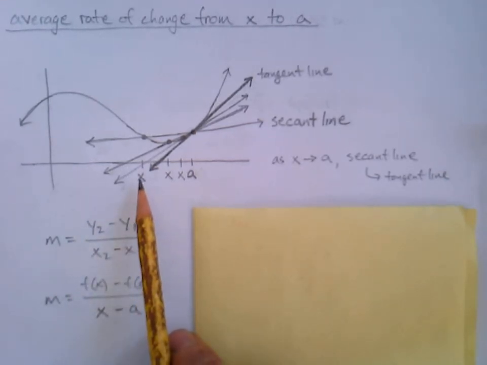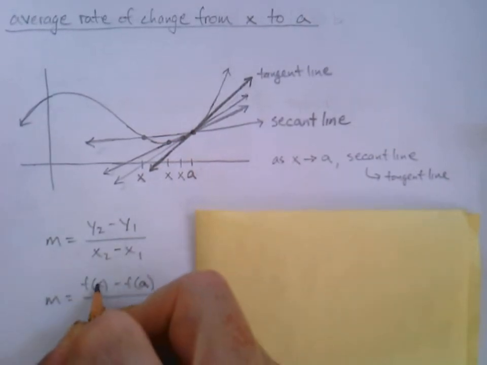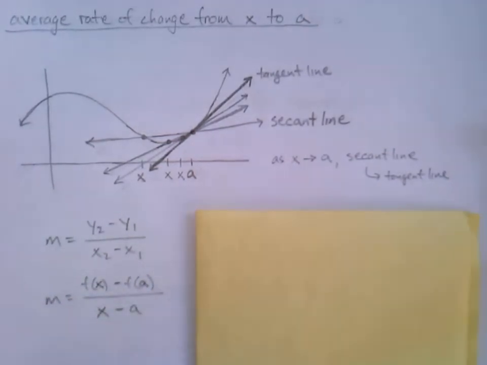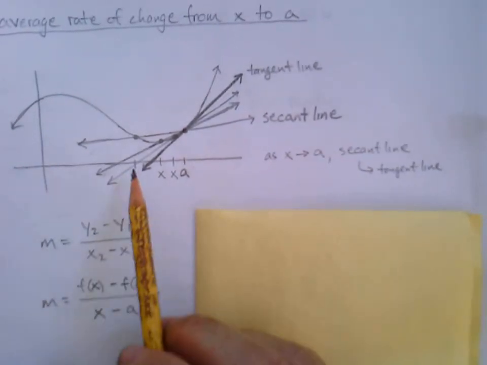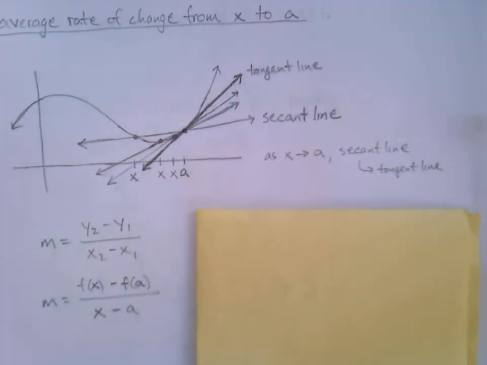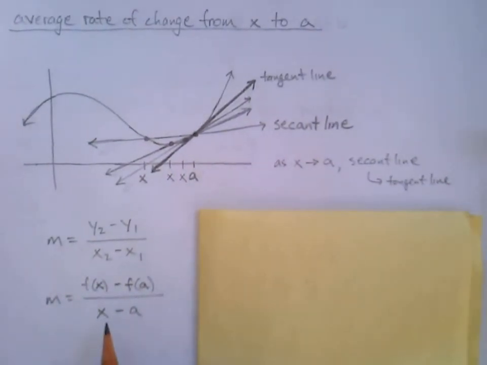For us, if our points are x and a, the difference of the y values is f of x minus f of a, the y values of the 2 locations, divided by the difference in the x values, x and a. So f of x minus f of a over x minus a is the slope of the secant line. And that's the same slope that we're used to calculating.